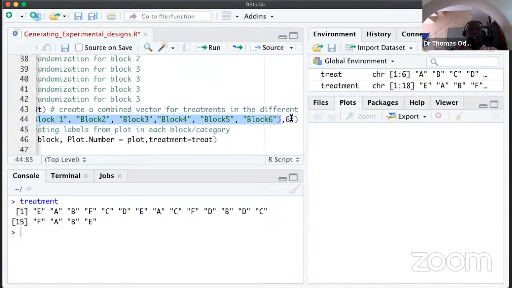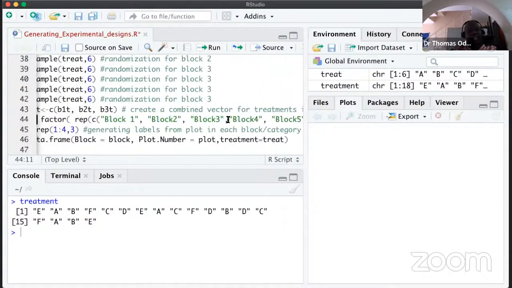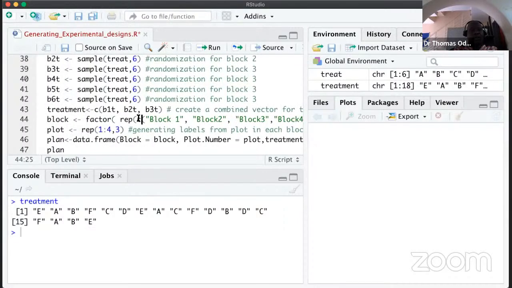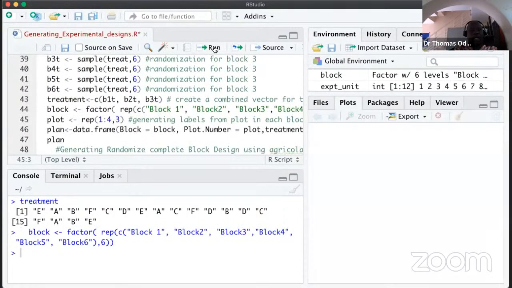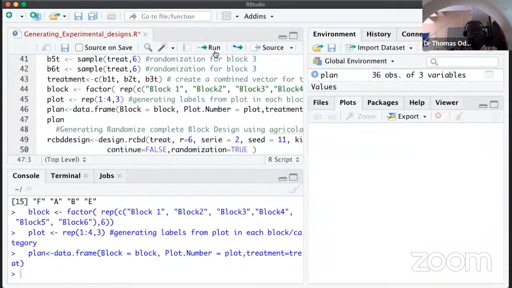We replicate 6 times each, so that we create a line of 36, not 36, 18, that we are going to attach to this one. So we create what we call a block, and then we can create a plot, and then we combine them together. We put them in different columns. So let's look at what we've got so far.